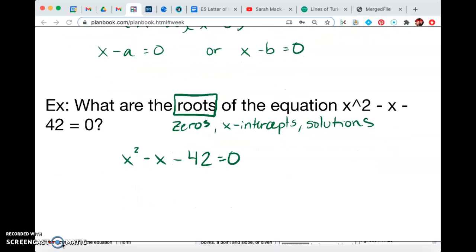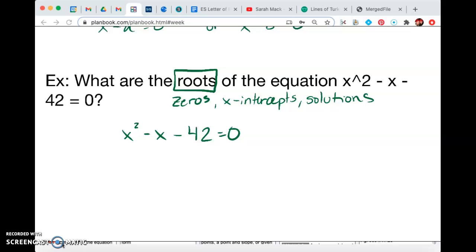So, how do we factor this left side? Well, we're solving it by factoring. So your c is negative 42, and your b is negative 1.